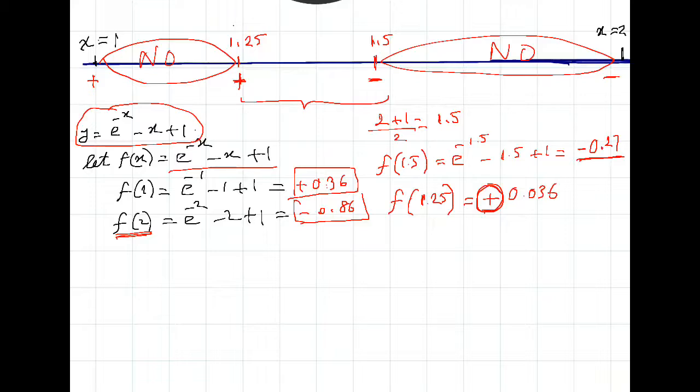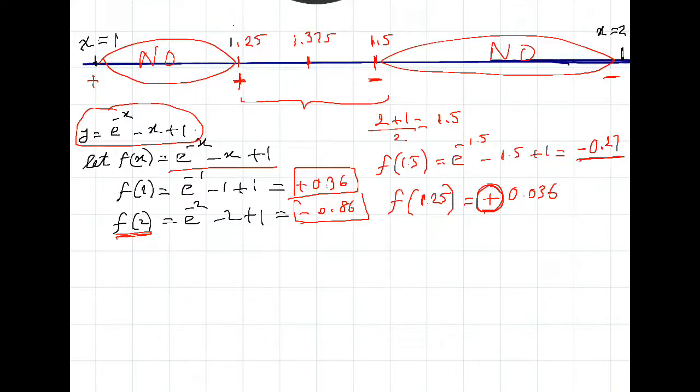We do the same process again. We take the middle value between 1.5 and 1.25, and that's why it says interval bisection. So it's going to be an x of 1.375.